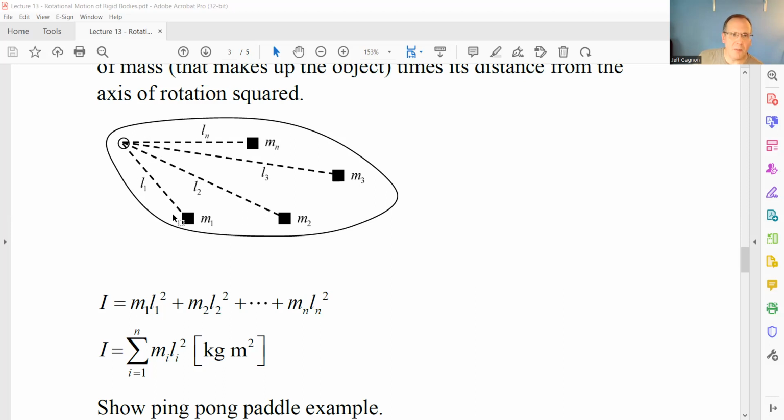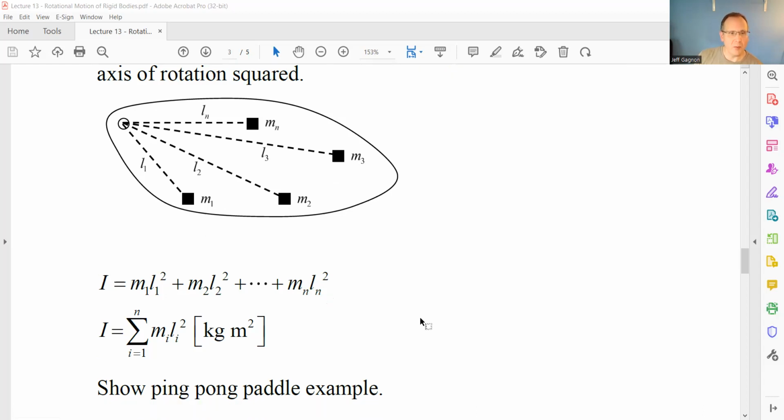If you want to calculate the moment of inertia of this object about this point, then what you have to do is sum each little bit of mass times its distance squared from that rotation point. So if I do m1 times L1 squared plus m2 times L2 squared plus, and this dot, dot, dot means do all these masses here, all the way up to mn times Ln squared, that is going to give me my moment of inertia, which I'm calling I. All right, so that's how theoretically you would calculate I. Now, if you want to make this notation more efficient, you can use the sigma notation.